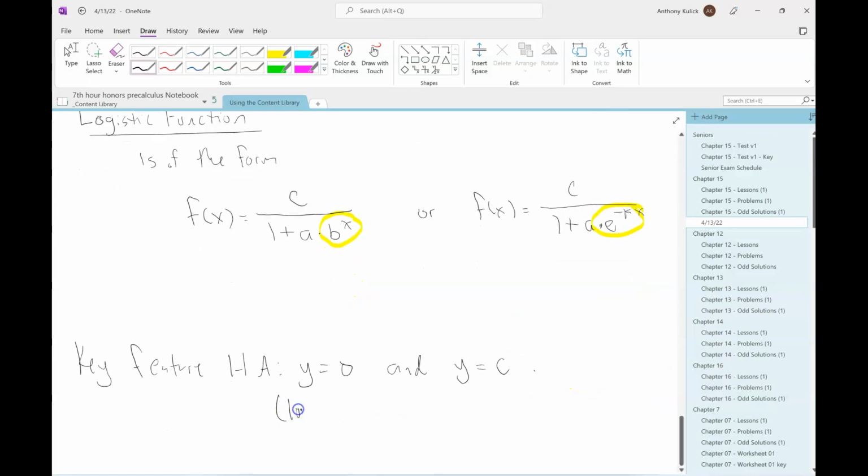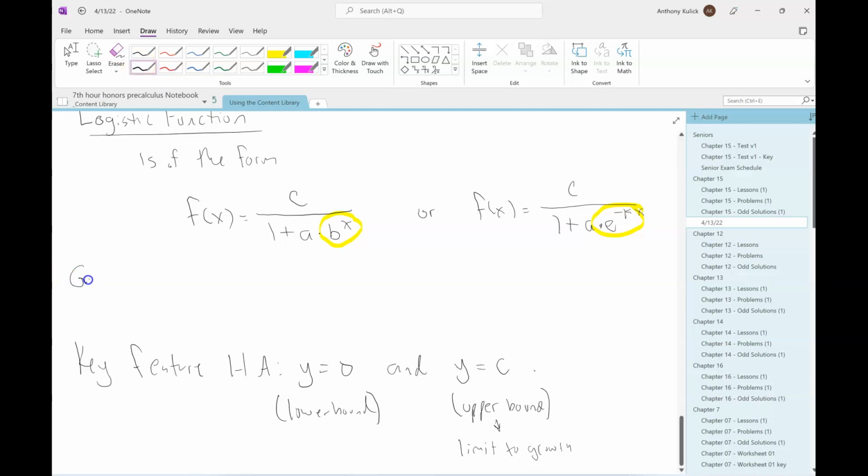So we have a lower bound on our function, and now we also have an upper bound on our function. Sometimes we call this upper bound the limit to growth. So how big your function could actually get is bounded on the top by that horizontal asymptote. That's pretty neat.